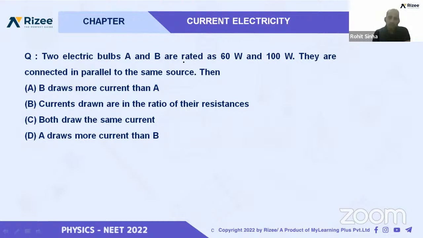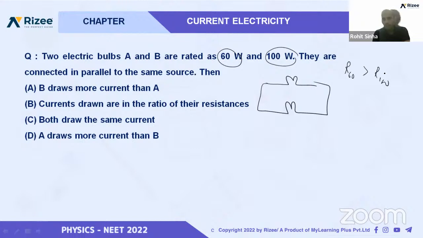It is telling that two electrical bulbs, 60 watt and 100 watt, are connected in parallel. One more thing we know: the resistance of the 60 watt bulb is greater than the resistance of the 100 watt bulb. They are connected to the same source, and the question is which will draw more current.